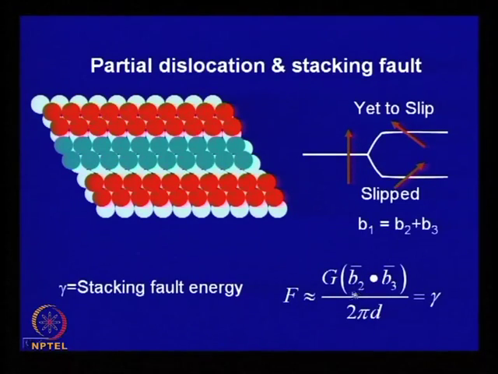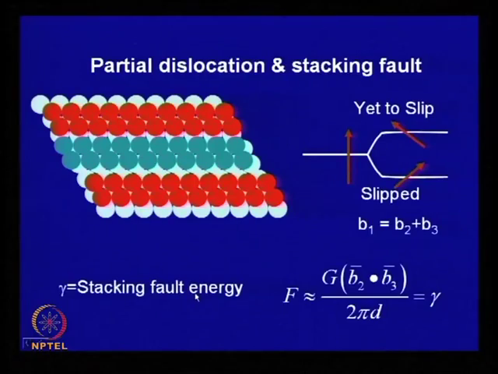In this particular case, we can approximately say that the force acting between the two is equal to G, the dot product of the two Burgers vectors over this, and this is equal to the energy of the new defect, which is called the stacking fault energy. Visualize as if a new surface is being created, and whenever a new surface is created, there will be an energy associated with it.